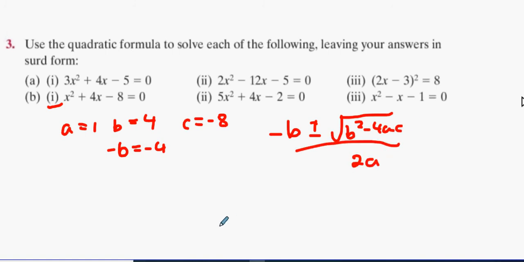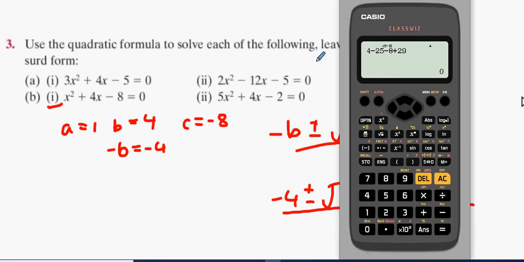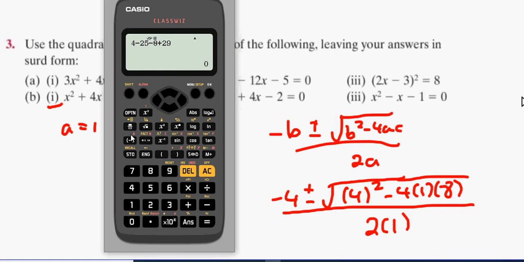Now, minus B is minus 4, plus or minus the square root of B squared, which is going to be 4 squared, minus 4 times 1 times minus 8, all over 2 times 1. You all good with that? Now, throw it all into the calculator. Use the plus button first.